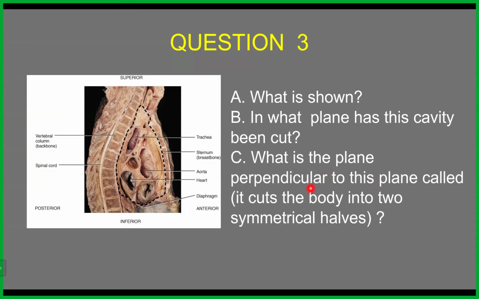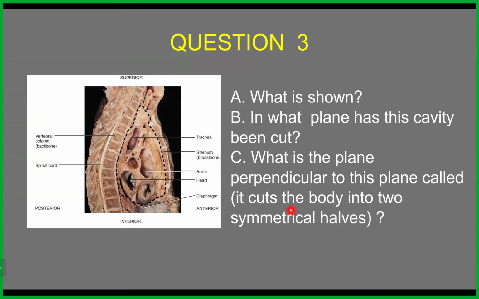However, there is another qualifier. It cuts the body into two symmetrical halves. So if it is cutting the body into two symmetrical halves, then we need to find out which of the two planes between coronal and transverse is cutting the body into two symmetrical halves, because both are perpendicular to the sagittal plane.